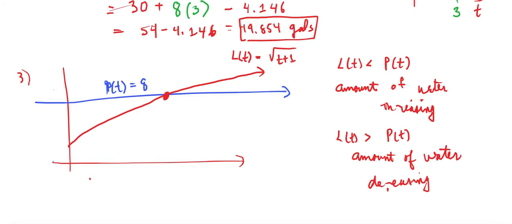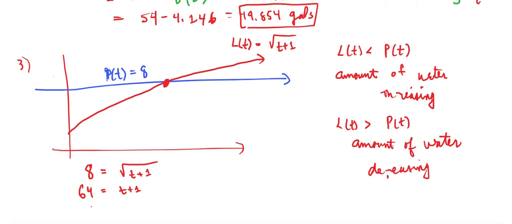We can just set P of T equal to L of T, so 8 is equal to the square root of T plus 1. And solve for T, so square both sides, you get 64 equals T plus 1. Subtract 1 from both sides, and we get that 63 is equal to T. Okay.